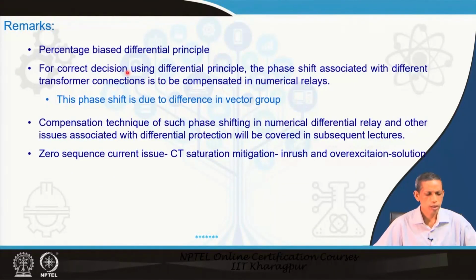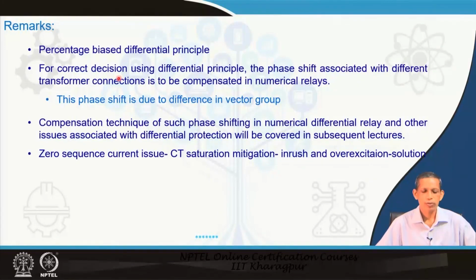So, overall in this lecture we say that the percentage bias differential principle is a good solution for transformer protection to address CT mismatch, tap changing transformer issues, CT saturation and other challenges.